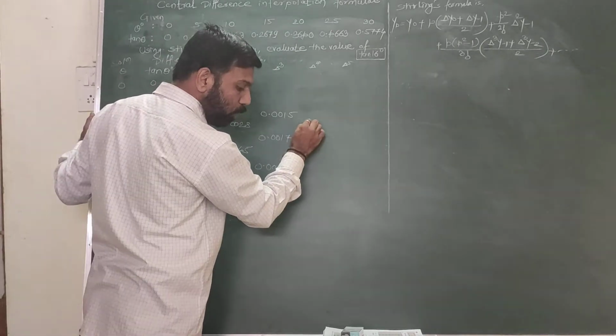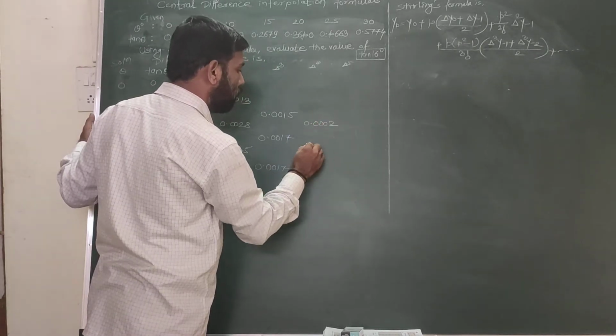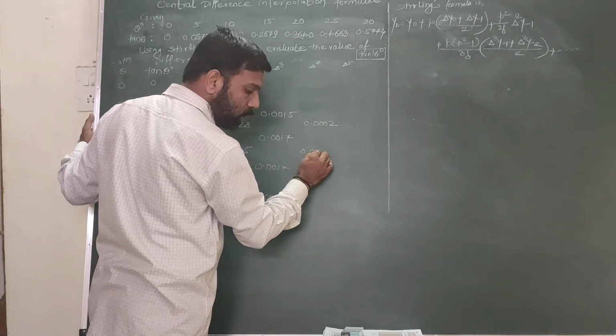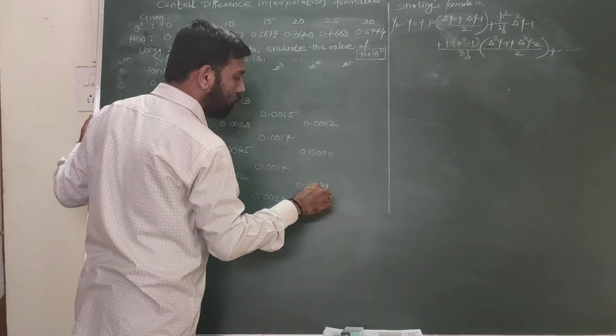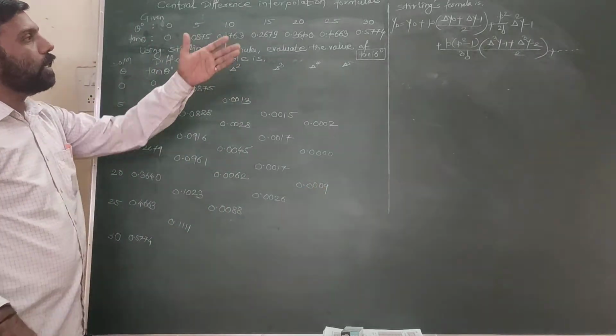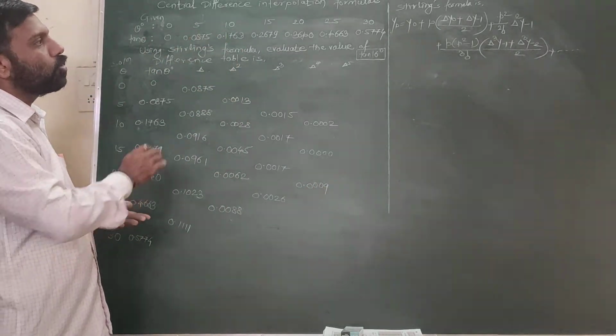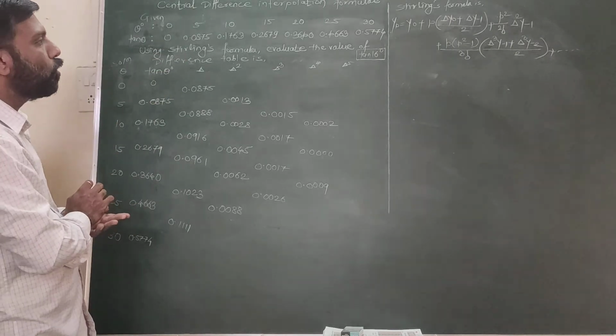One more column will be performed here. Onward, the table discussion is not required because those values of the table we are not considering in the Stirling formula. So the first 4 terms we require, up to delta cube.